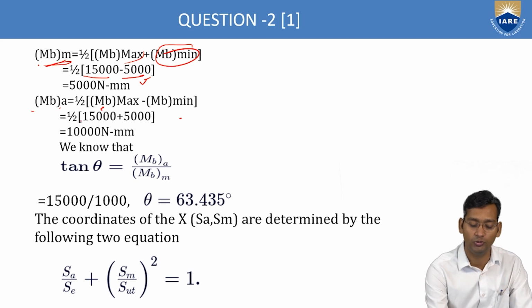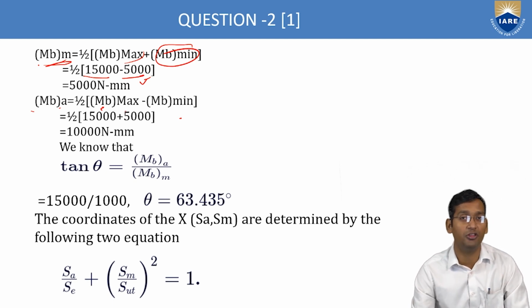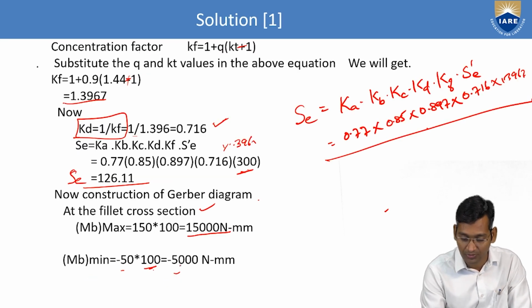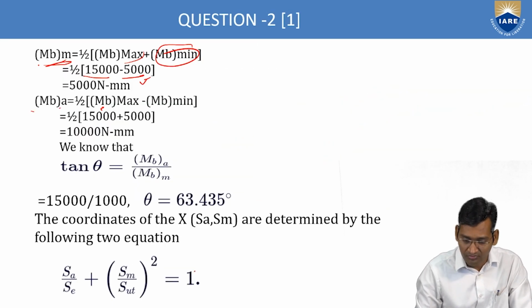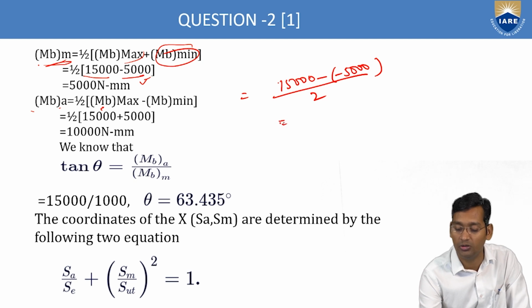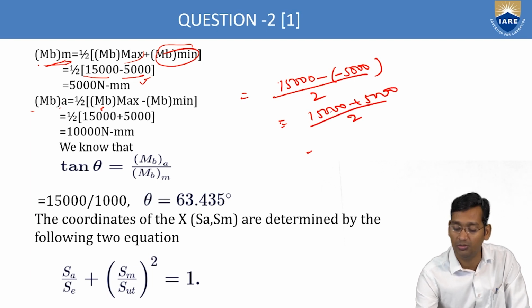Divided by 2. So 1 by 2, 15,000 plus 5,000. Why 5,000? Because of that minus, right? Minus of minus 5,000. So 15,000 minus of minus 5,000 divided by 2. This becomes minus and minus plus. So 15,000 plus 5,000 divided by 2, that becomes 20,000. 20,000 divided by 2 gives 10,000.